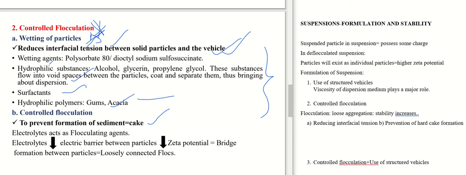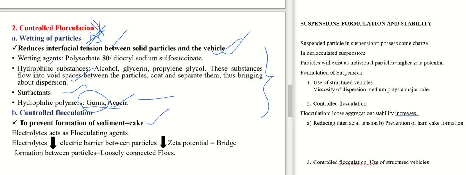Gums especially act as wetting agents and also help in improving the viscosity of the dispersion medium. So incorporation of these substances promotes wetting and viscosity. That is how these substances play a major role in improving the stability of a suspension. At the same time, being of natural origin, these substances are more prone to microbial growth, so it is a must to include a preservative in the formulation.